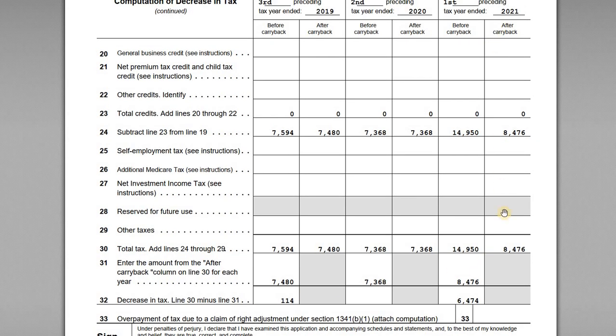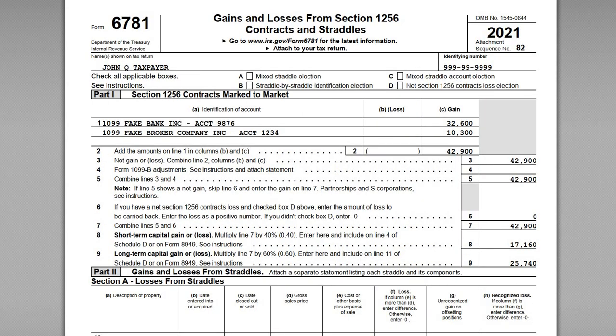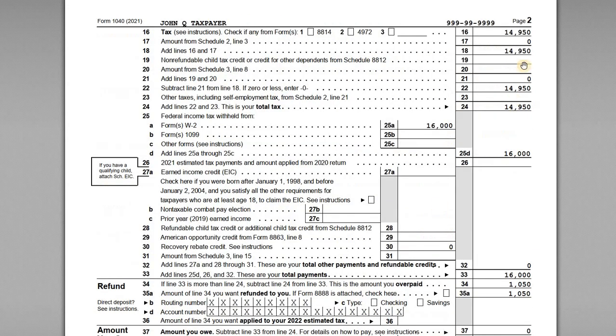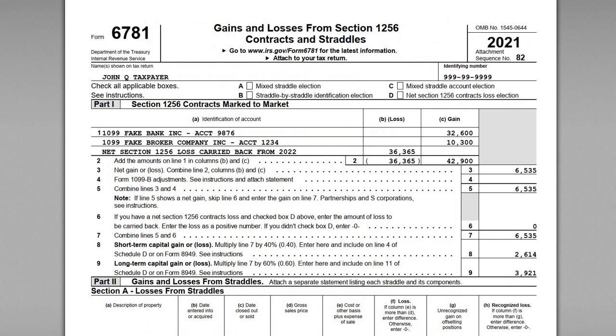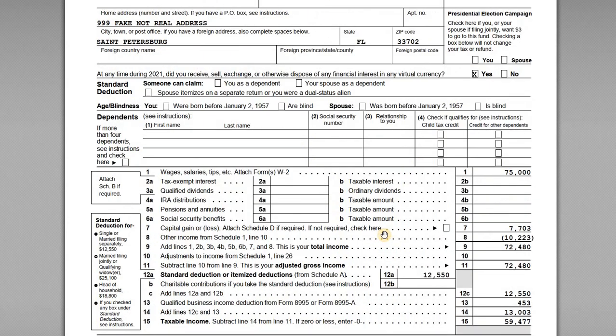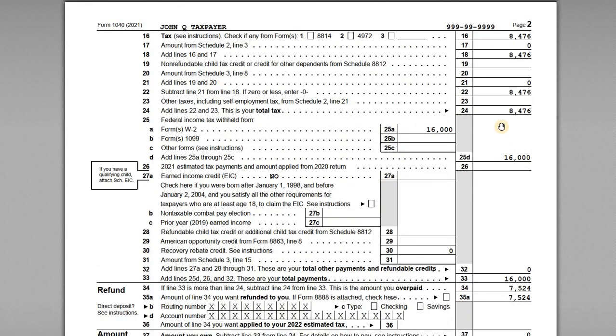It's 2021 where we see a noticeable change, right? So the amount of tax that John owed in 2021. If we look at his original return here, I'll go to page 2 of the 1040. The total amount of tax that he owed, $14,950. And then if we look at his amended 2021 return, after we figure out that carryback claim, it drops to $8,476.